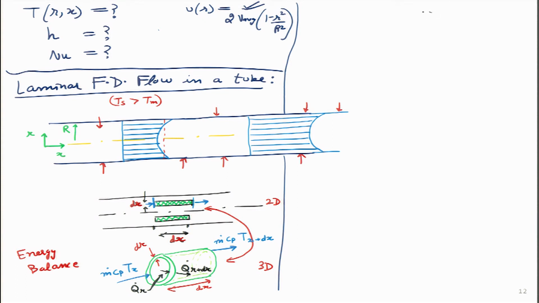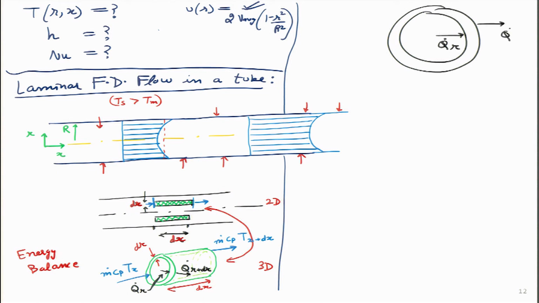In other words, if I draw the circle over here slightly big, so this is the front view of this particular cylinder. So, here the q dot is r, and from here the q dot is r plus dr. Why? Because the radius is changing. At this point radius is r, and at this point radius is r plus dr.